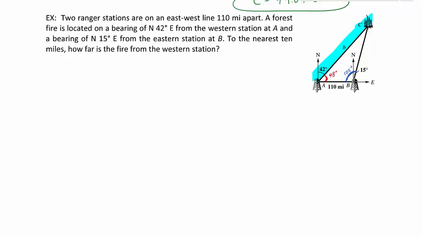And since we know two of the angles in the triangle, we can find the third angle because they have to add up to 180 degrees. So our third angle up here ends up being 27 degrees. Okay.